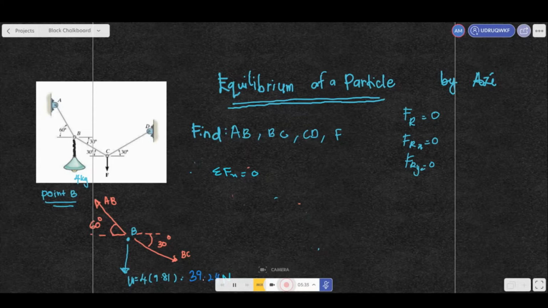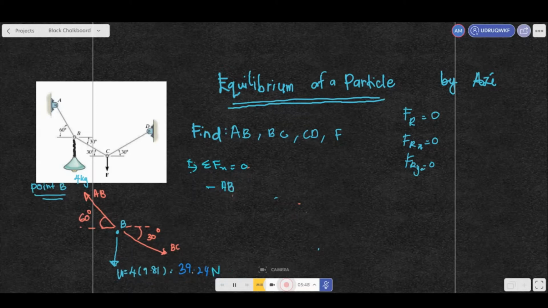What we have here is negative AB cos 60 degrees, then positive BC cos 30 degrees, and it is equal to 0.